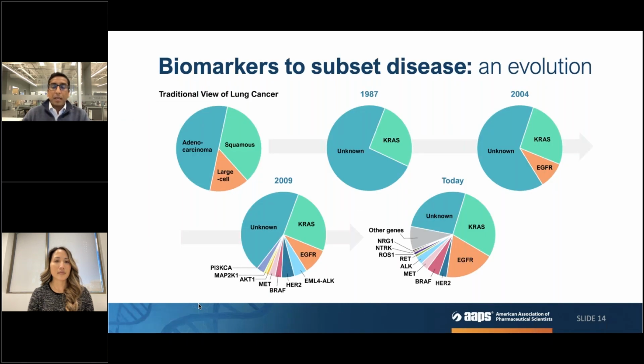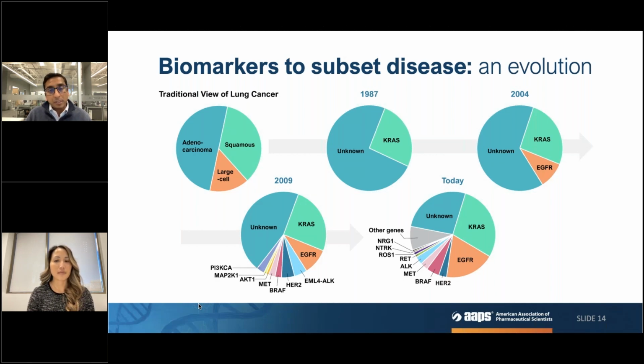Now, of course, we've seen this evolution occur in the cancer space, whereby the use of these markers to subset cancer has really proven transformative. When we think about lung cancer, going back approximately 40 years ago, our traditional view of lung cancer was really one that broke down into 3 categories, again largely based upon underlying pathology, how it looked on a pathologic specimen. And of course, this is the classic breakdown of adenocarcinoma versus squamous cell carcinoma versus large cell carcinoma. As this advanced in the early 80s, we began to identify that there are molecular markers that can denote specific subsets of lung cancer according to particular mutation status.